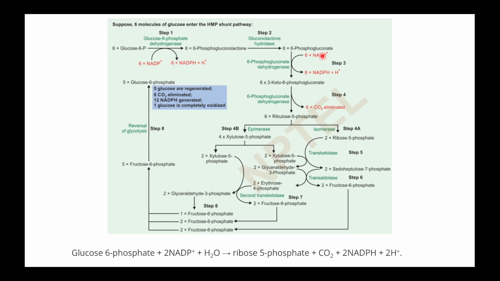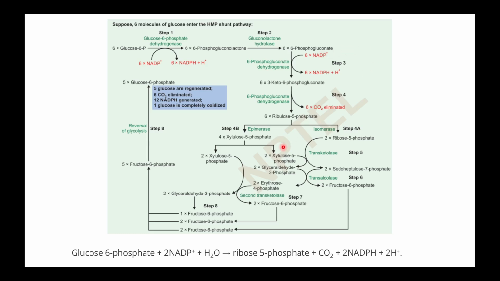Okay, then we have an isomerization reaction. Isomerization basically means the molecular formula is the same, the number of carbon, hydrogen, oxygen will be the same, only the structure will be different. So 6 molecules of ribulose 5-phosphate will yield 4 molecules of xylulose 5-phosphate and 2 molecules of ribose 5-phosphate.